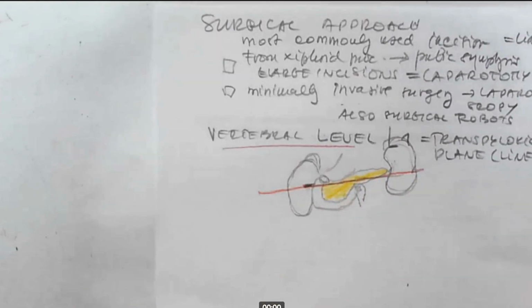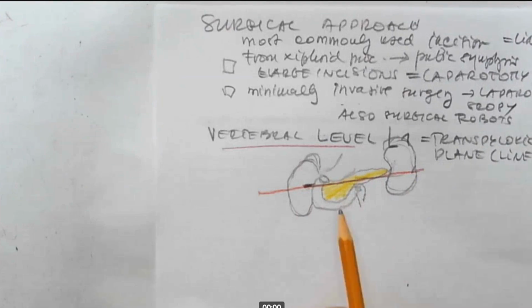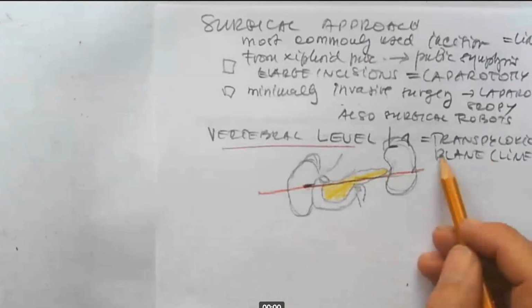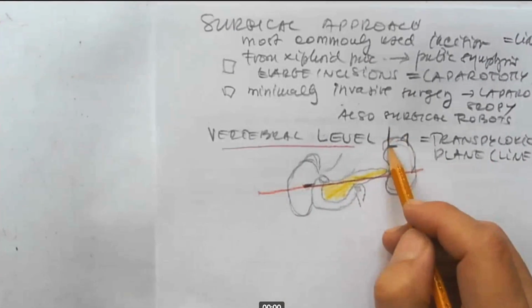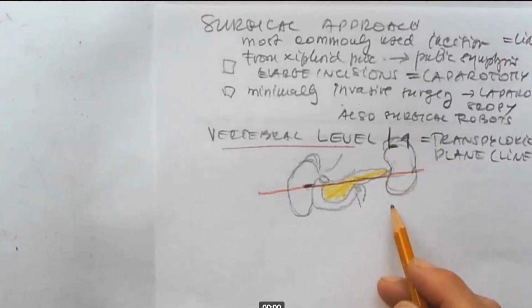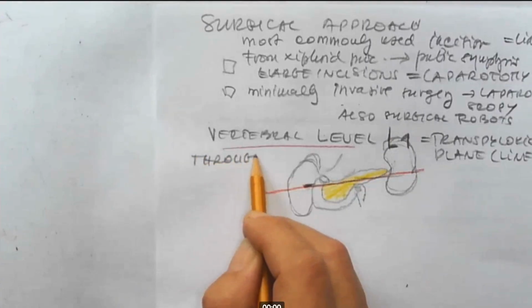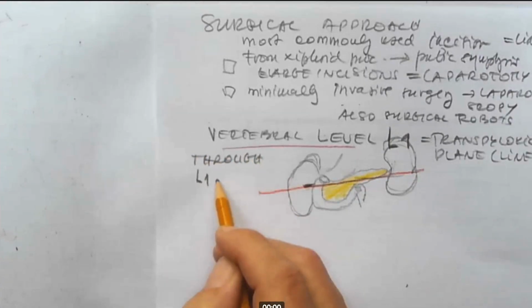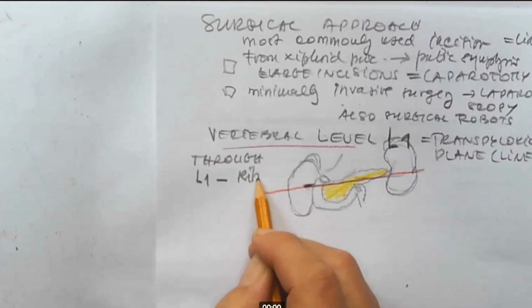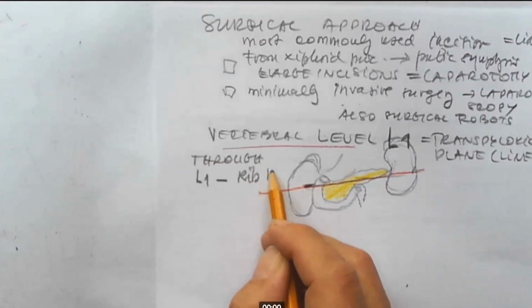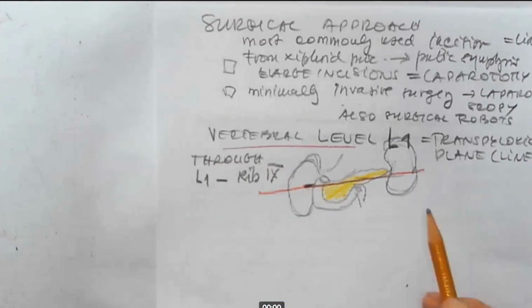So this transpyloric line passes through the L1 vertebra and through rib number 9.